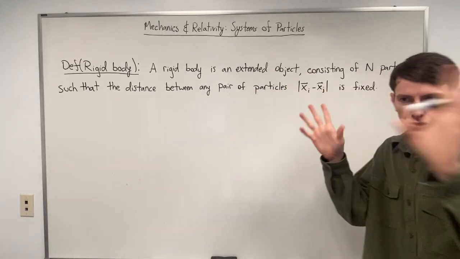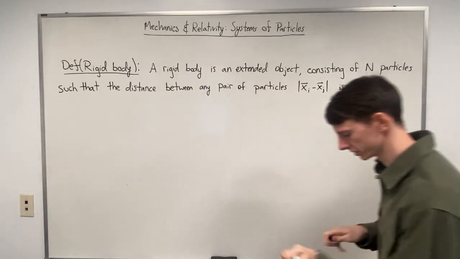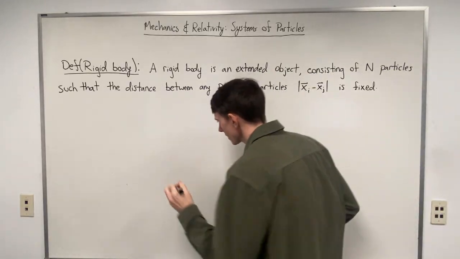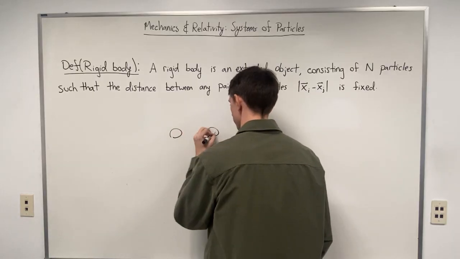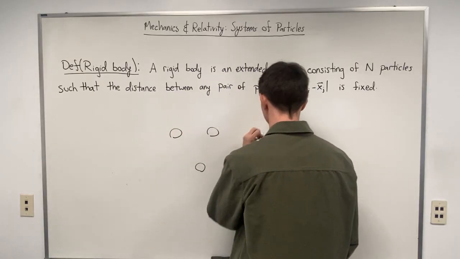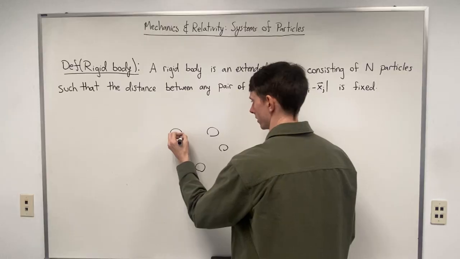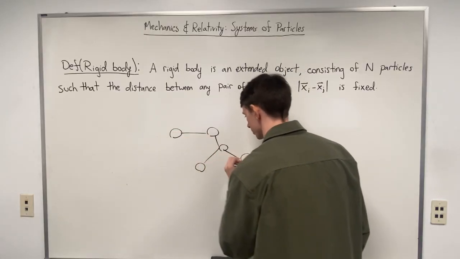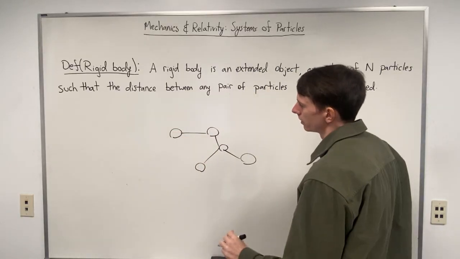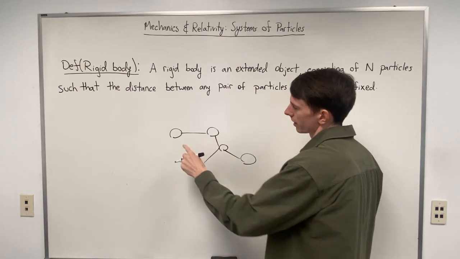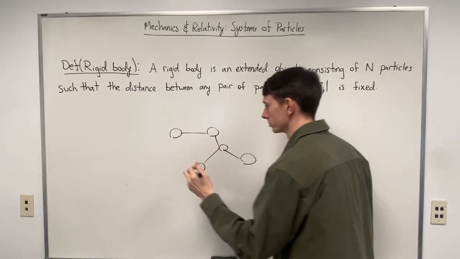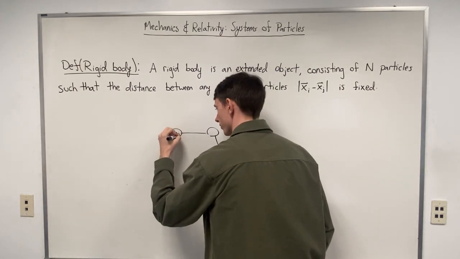So if I were to just draw out an example for a rigid body, let's do that. Maybe let's say that I have, I don't know, just make something up like this. In this case, this would be 5 different particles, and each of these particles will have their own masses.